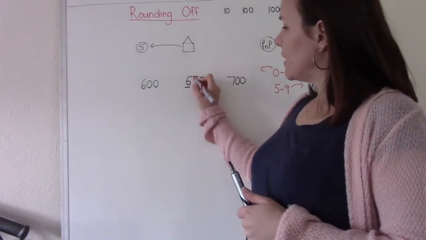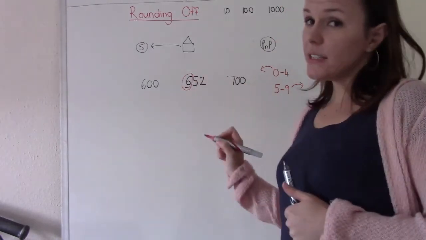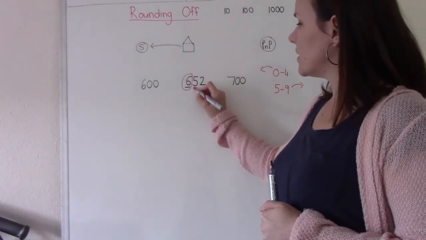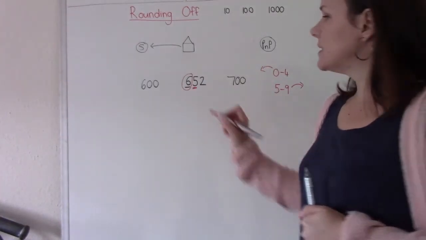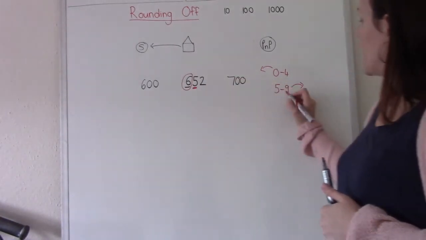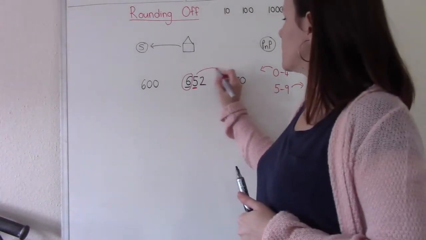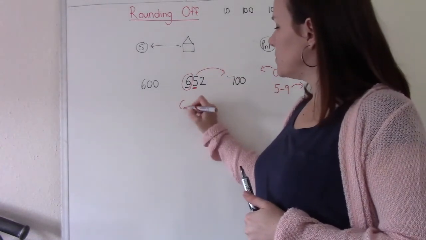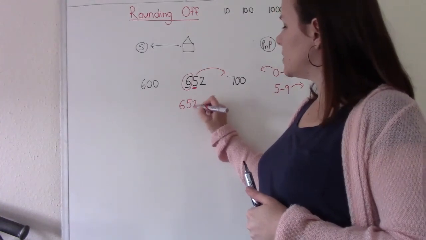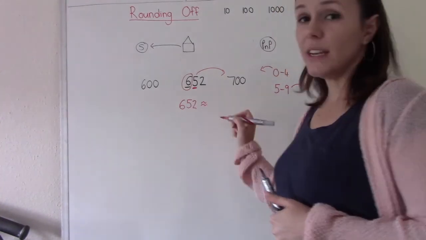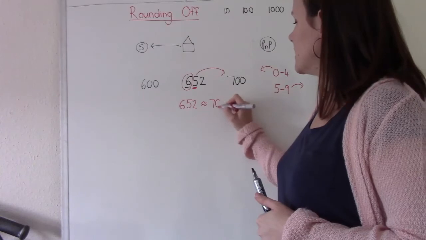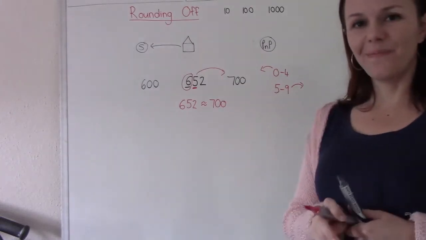So I'm rounding off to the nearest hundreds, which means I need to look at the one on the right, the tens, and that's a 5. Our rule is 5 to 9 goes up. So it goes that way, which means 652 rounded off to the nearest 100 is 700.